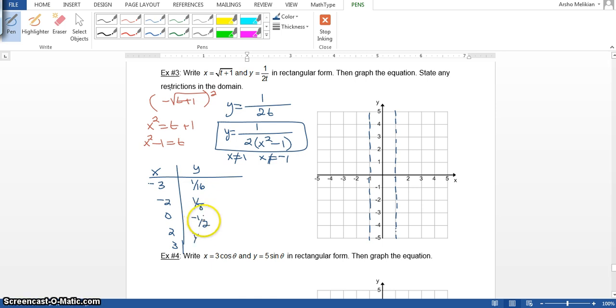When x is 2, it's symmetric. It's 1 over 8. And when x equals 3, it's 1 over 16. Isn't it negative 2, 1 over 6? Is it 1 over 6? It is 1 over 6.